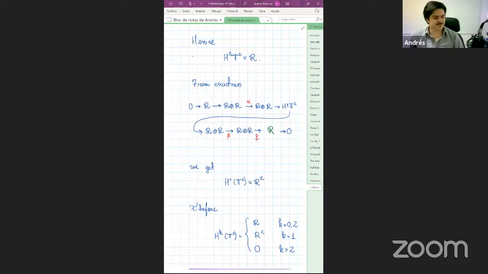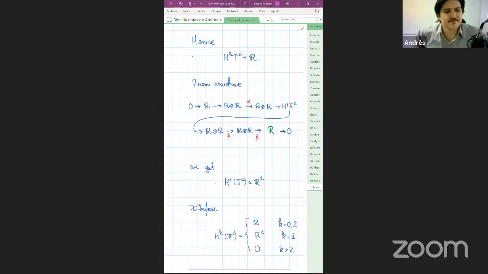Now, the next example is to compute the cohomology of the surface of genus 2, like the two tori that are combined like this. So we need to do that now. So let's see.